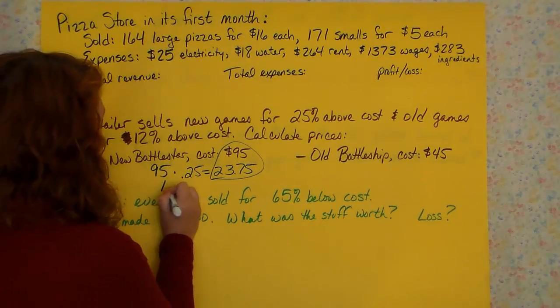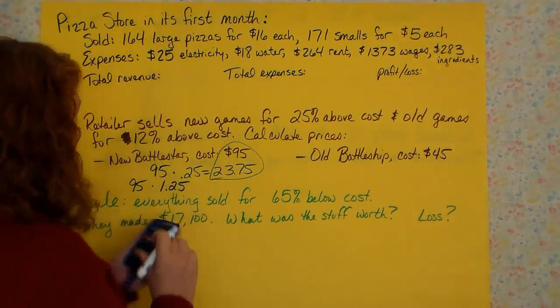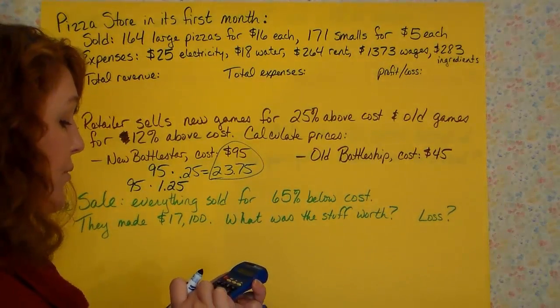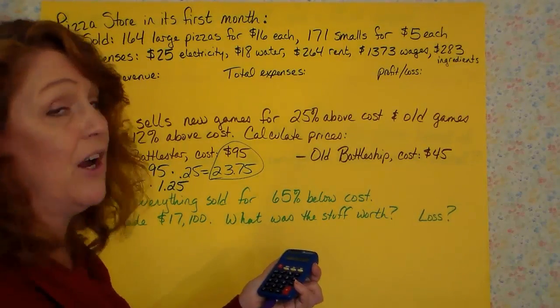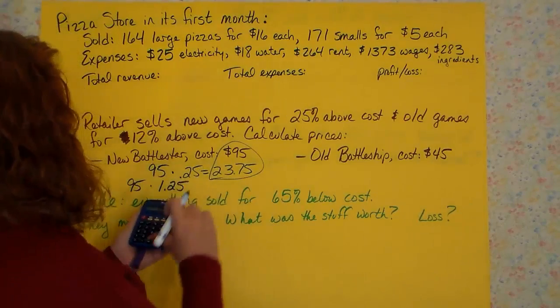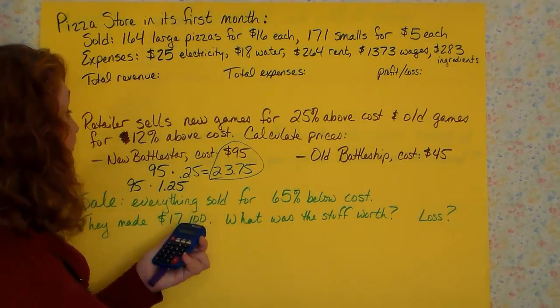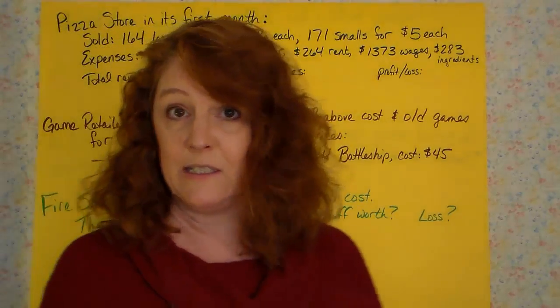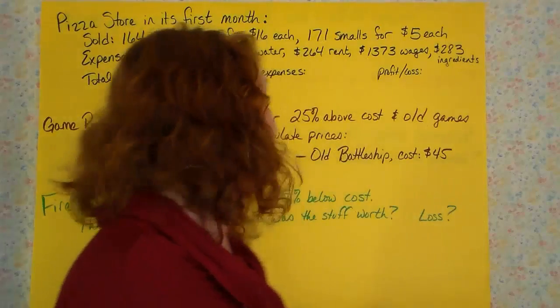That's going to give you 125% times 95. And 95 times 1.25 is going to give you $118.75, which is exactly what 23.75 plus 95 is. So you can save yourself a step if you understand what you're doing.